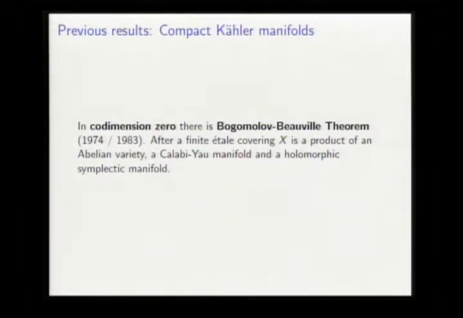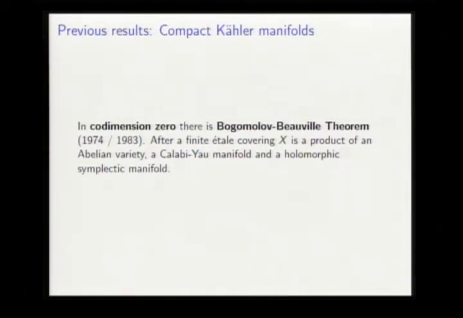So this theorem itself has a very interesting history. Bogomolov at first in 74 proved an infinitesimal version of it. He provided a splitting of the tangent bundle that makes you believe that this result would hold true. But the complete proof appeared only after a while in a work of Beauville, because in the middle appeared the solution of Calabi's conjecture by Yau.